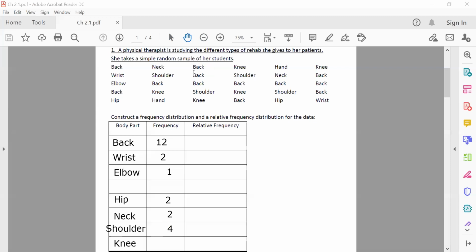It looks like we're missing hand issues, so we can put hand issues on here.